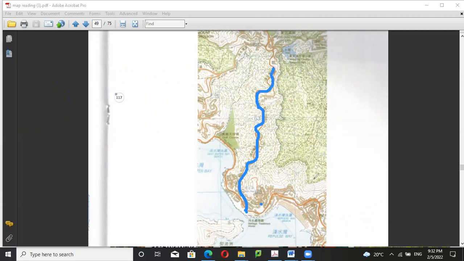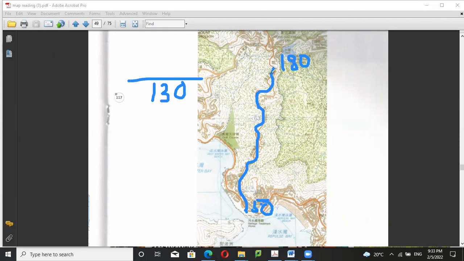After the calculation, right here it should be 180, and right here it should be around 50. Accordingly, the vertical scale is really a hard one. It should be 130 for the vertical, because right here it is 180 and right here it should be 50, so we minus them and get 130.